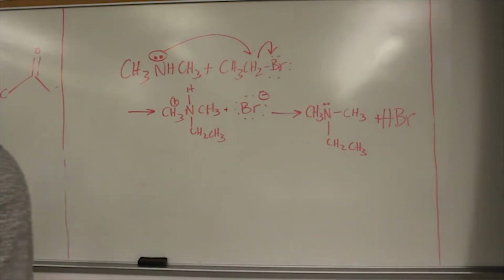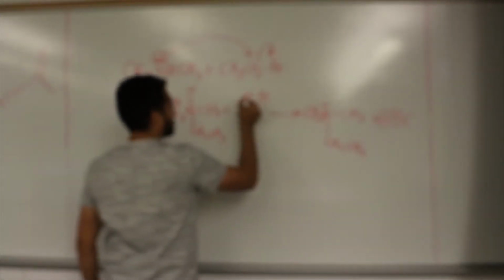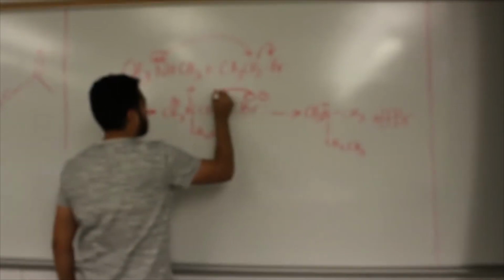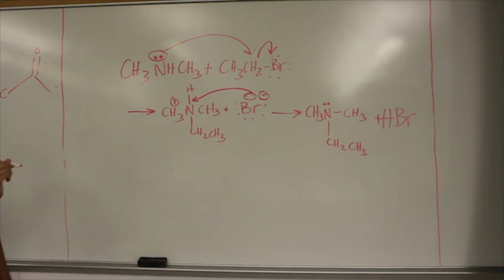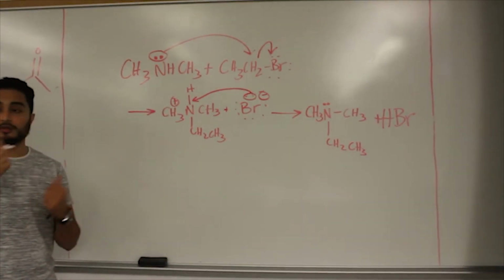So if you look at the next one, you see that. What you're going to do is this bromine is going to have its lone pairs come and attack that bond with the hydrogen. Okay? And what did we show to show something coming off of it?